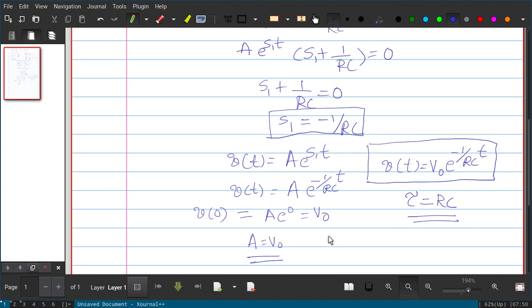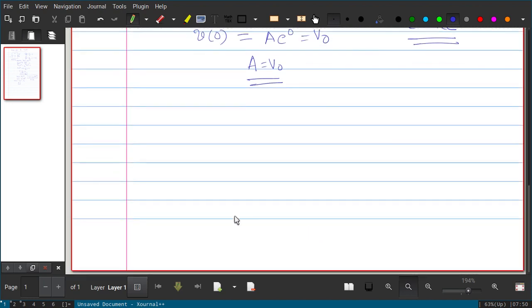We'll solve one problem, and the question is to find V at 200 microseconds for the below circuit.